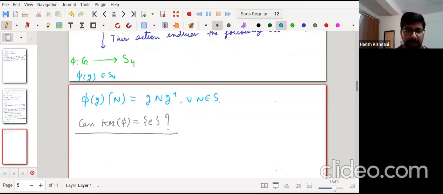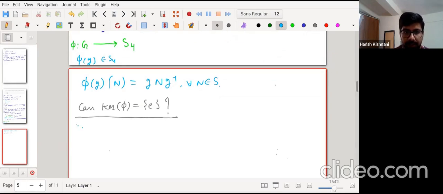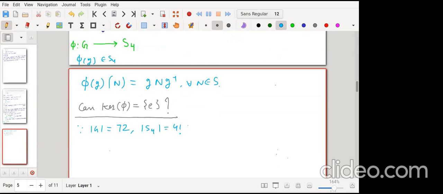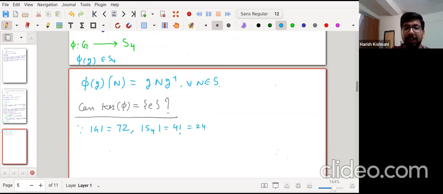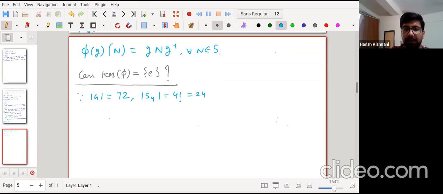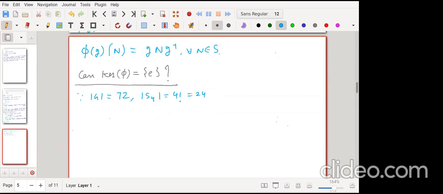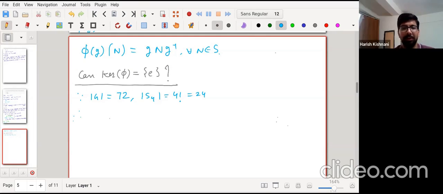But a simple way to see this is, what is the order of G? 72, right? What is the order of S4? 4 factorial, which is 24. Can there exist an injective map from G to S4? If an injective map exists, then the order of S4 has to be greater than the order of G, right?